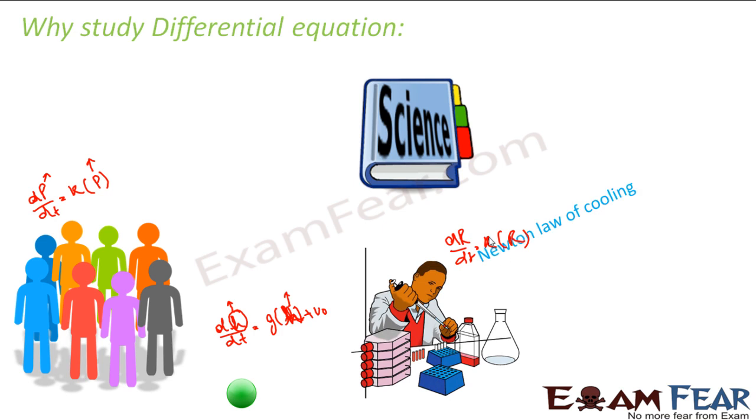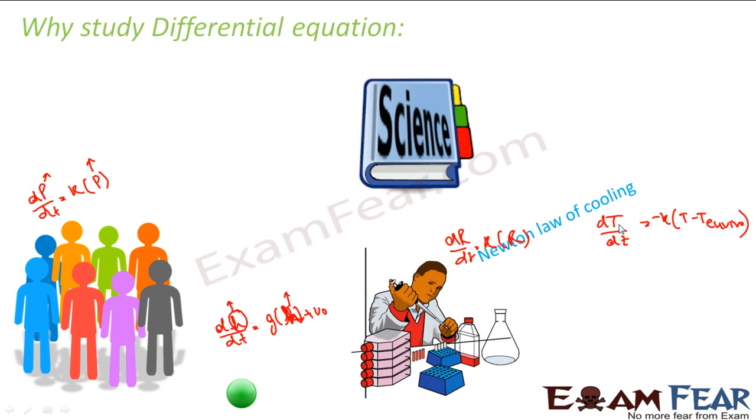In Newton's law of cooling, we extensively use this. How? Because Newton's law of cooling says that the rate of change of temperature, where capital T is temperature with respect to time, small t, is nothing but minus k times (T minus T_enviro). T_enviro is the environment temperature, T is the current temperature. T_enviro is constant.